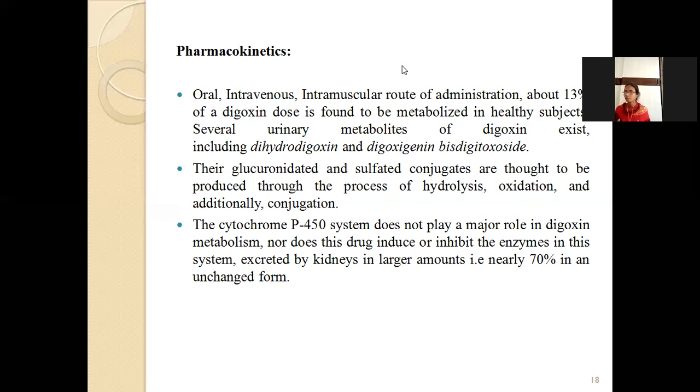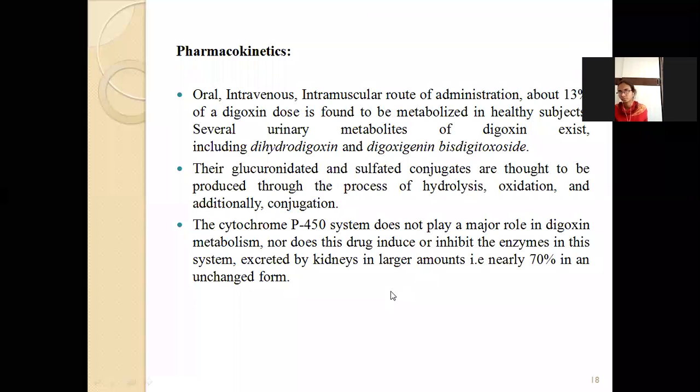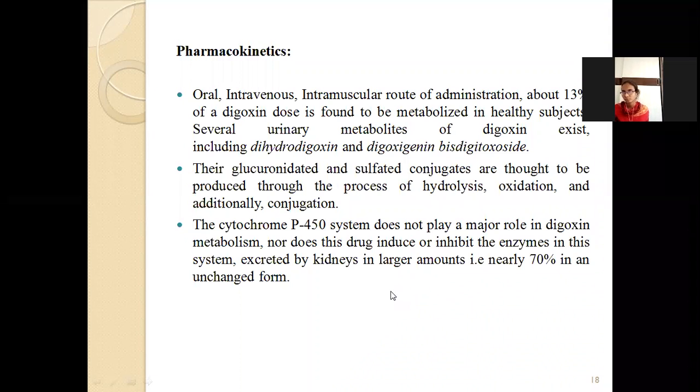To summarize, the routes are oral, intravenous, and intramuscular, and it gets metabolized in the liver, but not by the cytochrome enzyme. It may be metabolized by hydrolysis or oxidation, and it is excreted through the kidneys in unchanged form.